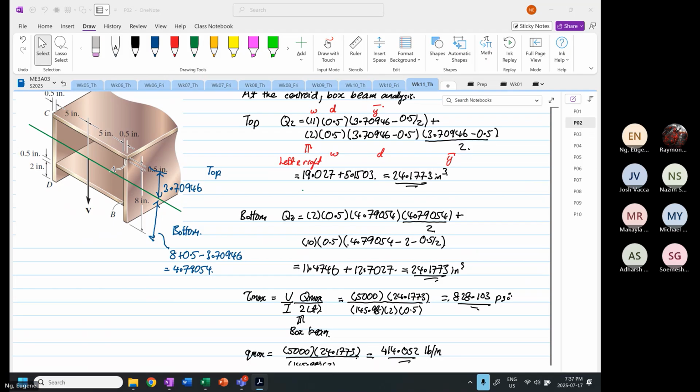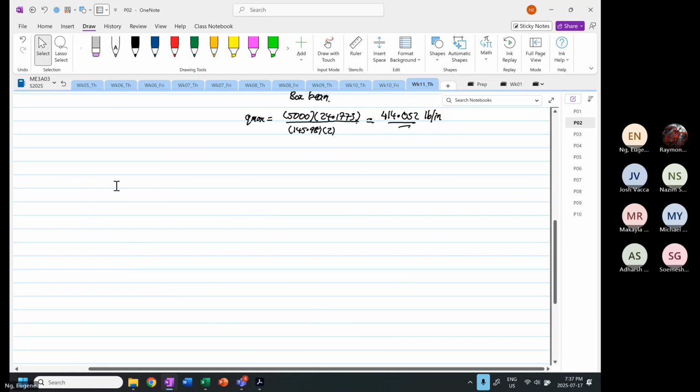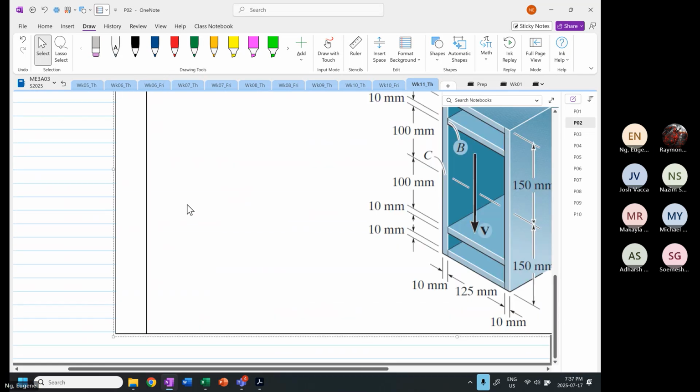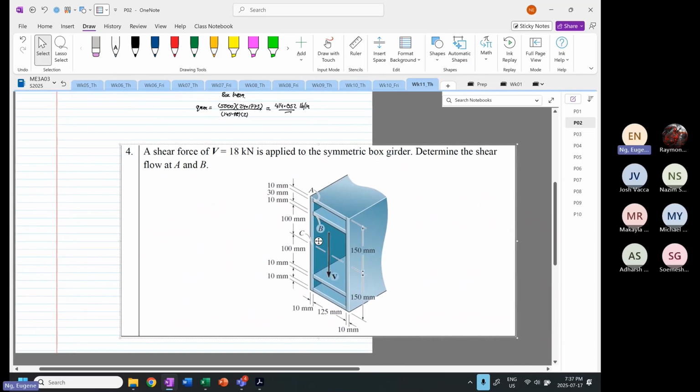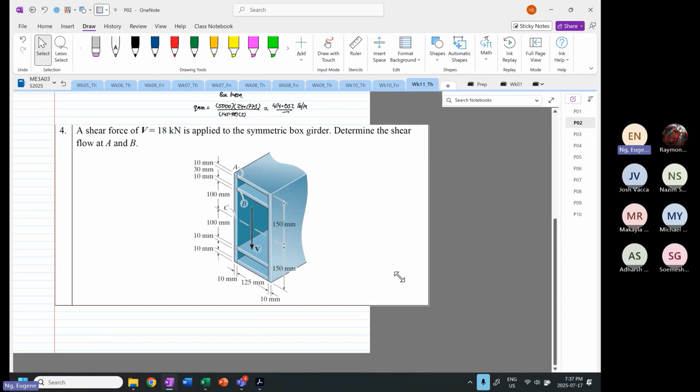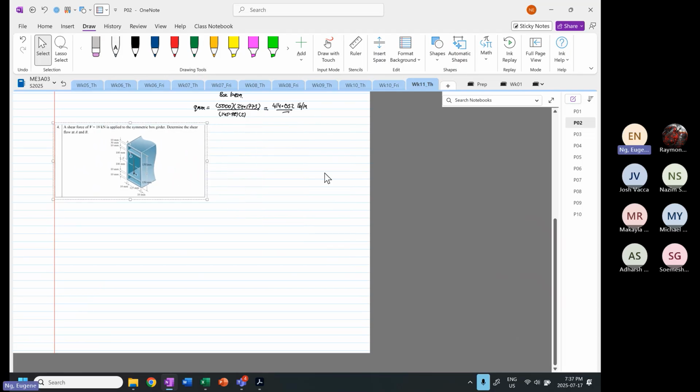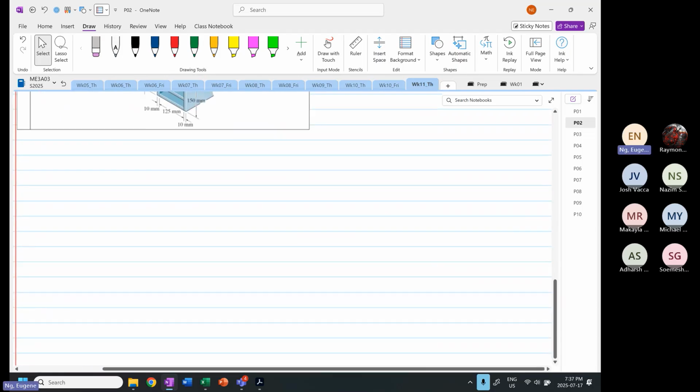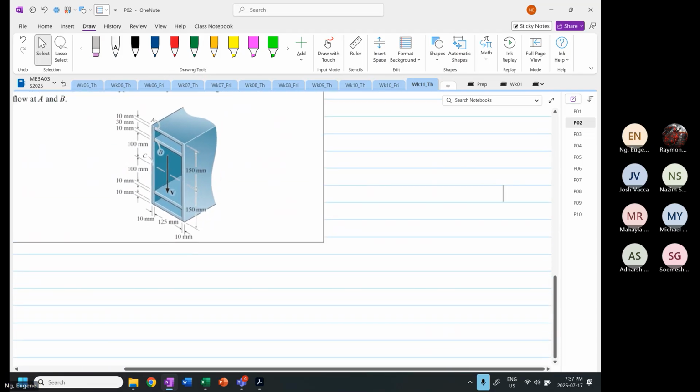So it's not exactly the same, right? But it's similar.